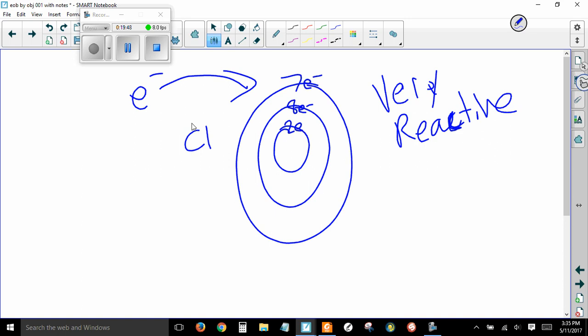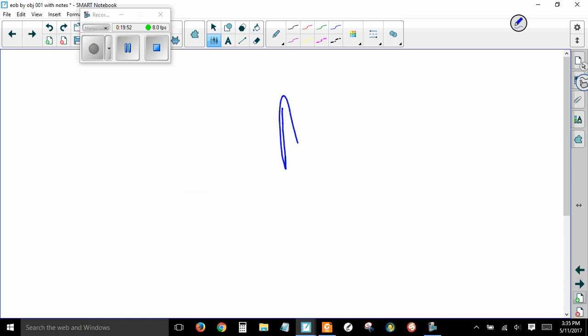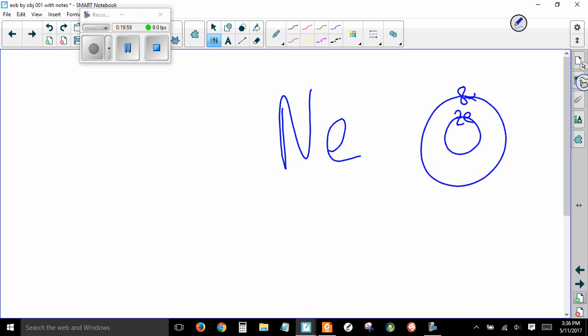Okay? On the other hand, if we take something like neon, neon has 2 electrons in the first shell, and it has 8 in the second shell. Wait a second. It wants to have 8 electrons, and it already has 8 valence electrons. So this is a noble gas. It is not reactive.